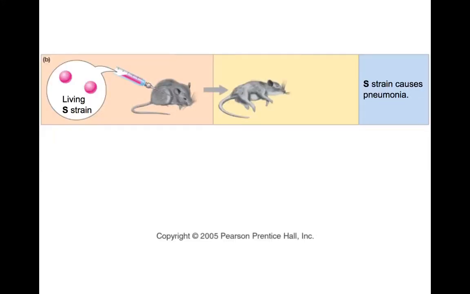But in another set of mice, he injected them with the live smooth strain bacteria. In this case, all of the mice developed pneumonia and they all died, which helps establish the idea that the smooth strain is virulent, whereas the rough strain is avirulent.